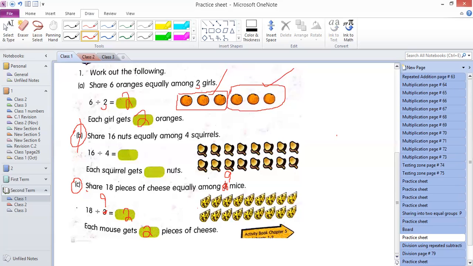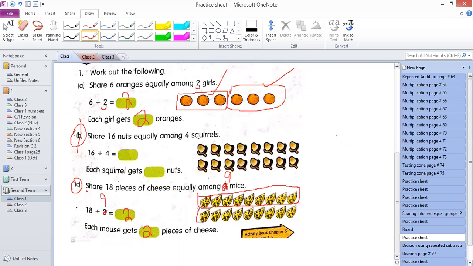2. Count with me. I will also make a group. 2 multiply 9 equals 18. Good. Count with me. 1, 2, 3, 4, 5, 6, 7, 8, 9. This is one group.